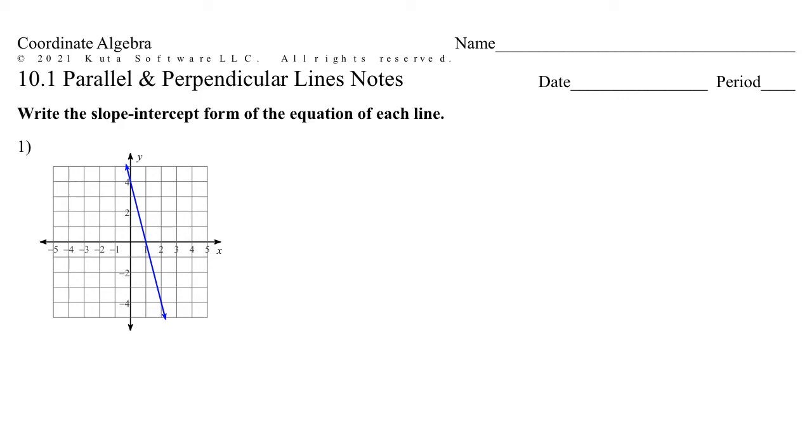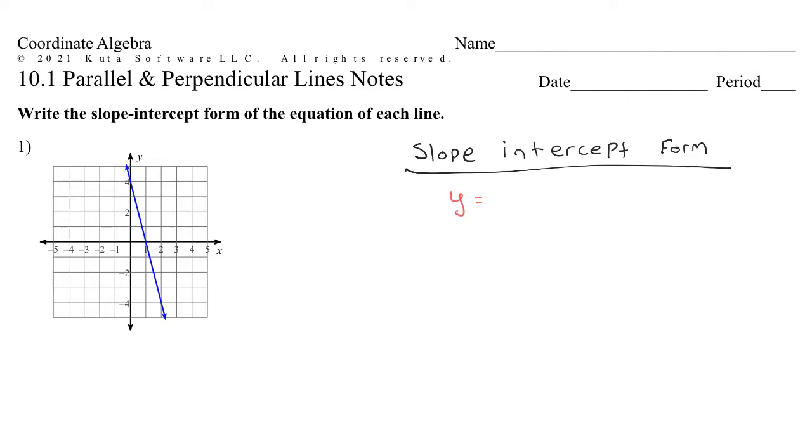Hello everyone, today we are going to review writing equations of lines a little bit, and then we're going to talk about parallel and perpendicular lines. A couple formulas that are important when we're writing the equation of a line: one of them is slope-intercept form, which is y is equal to mx plus b.